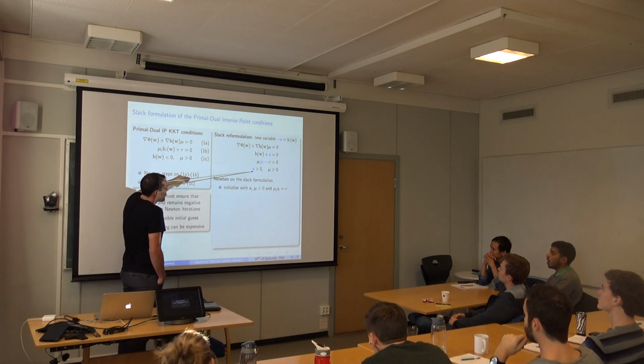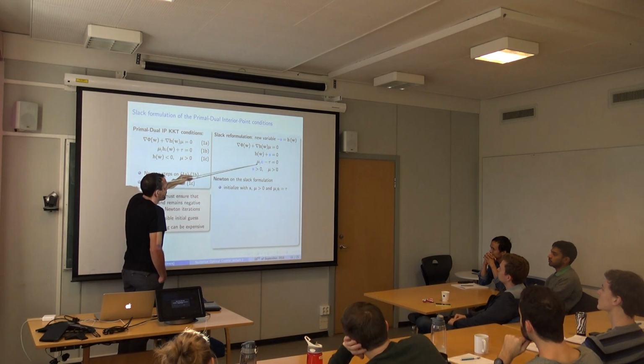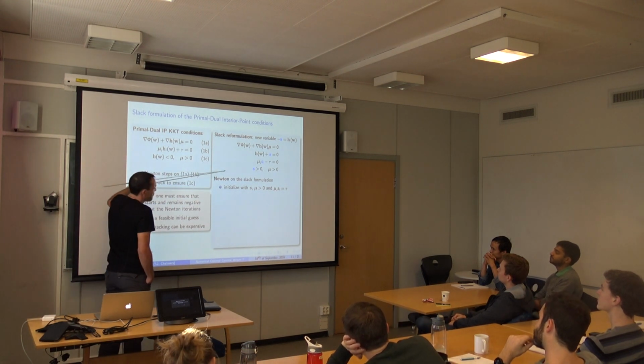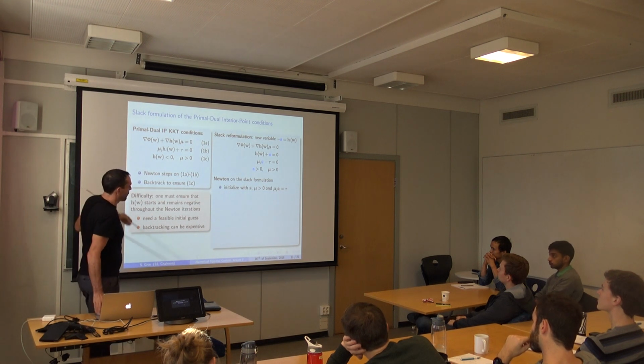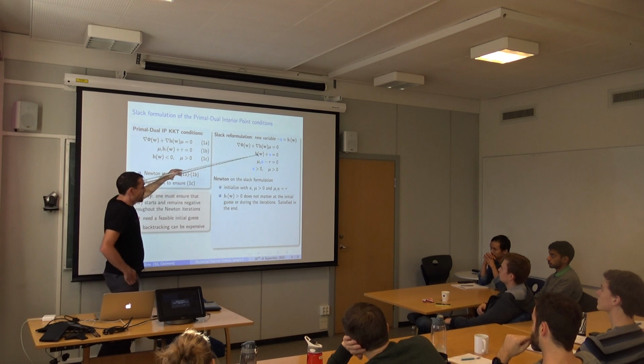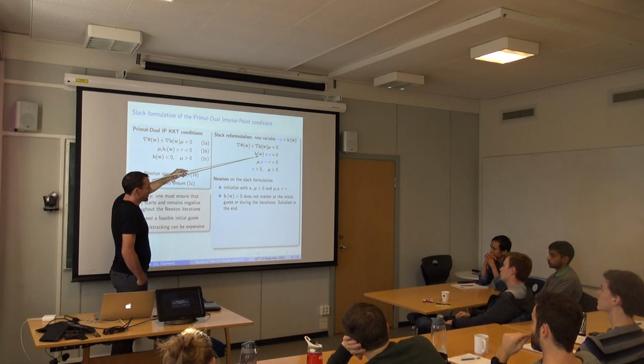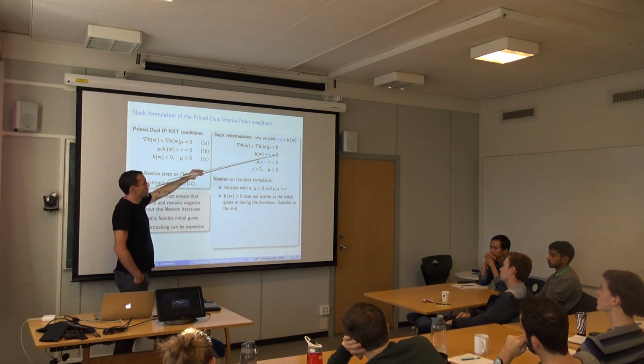And you can even pick your mu's and s, the initial guess, such that this holds when you start. So you can start your mu and s on the hyperbola. You don't need h to have the right signs on the initial guess. This constraint may start infeasible, and Newton will fix that.